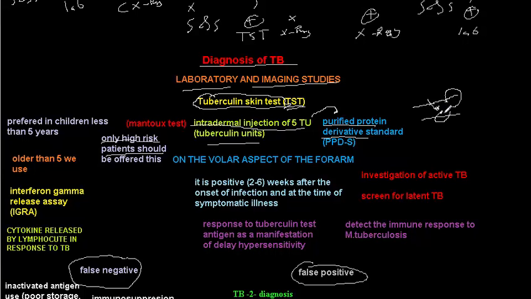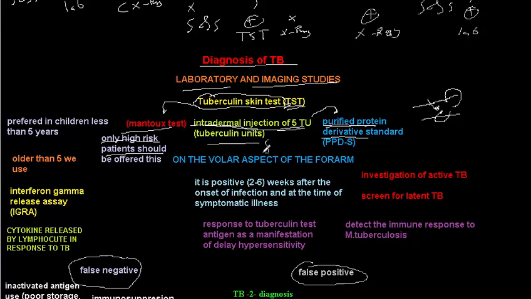And if the body responds, then you have TB. The other name of the tuberculin skin test is the Mantoux test. So you give an intradermal injection of 5 tuberculin units, which is a purified protein derivative.